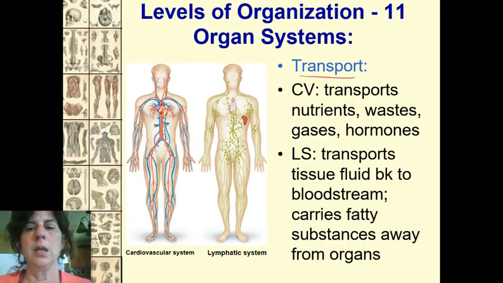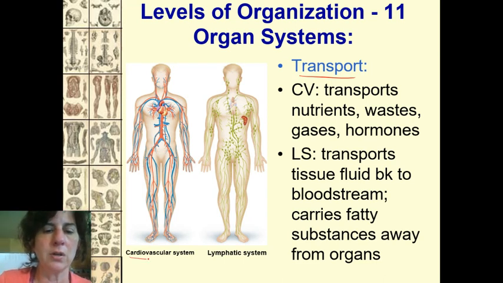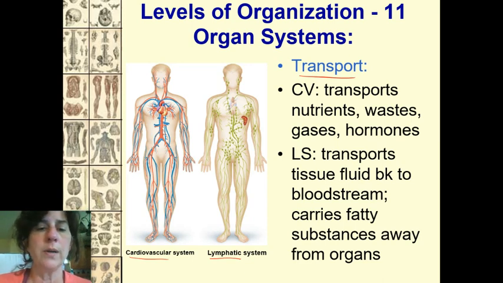Transport is the job of two systems: cardiovascular, CV for short, and lymphatic. Cardiovascular, most of y'all are familiar with. That's the heart, the cardio part, and the vascular part is all the veins and vessels. They transport blood around, which transports oxygen, nutrients like glucose, and waste products that you have to get rid of, like carbon dioxide and nitrogen waste from cellular metabolism.